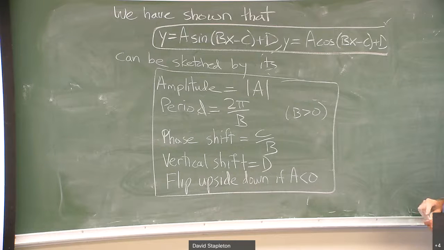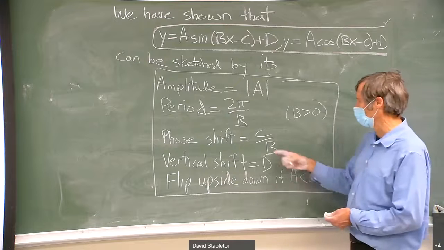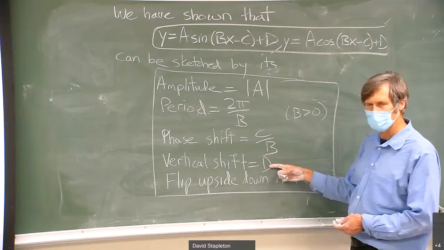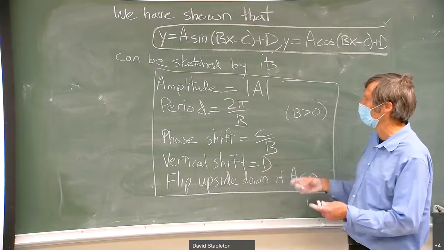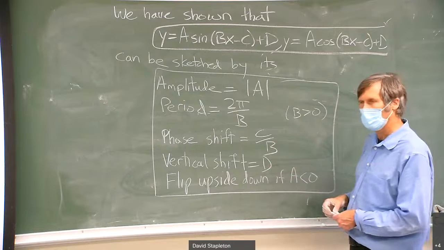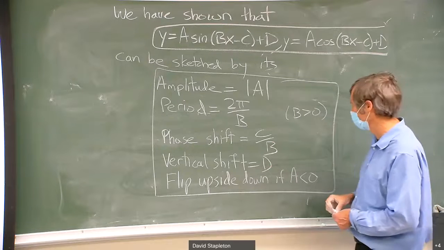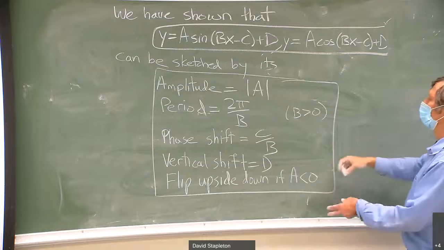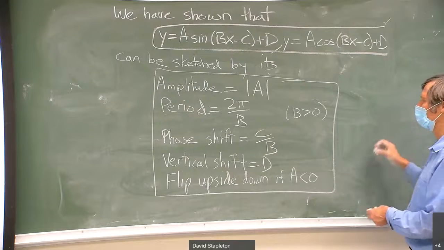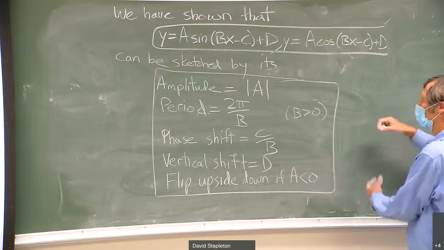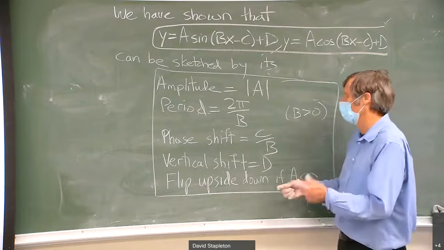Okay. Here's what I recommend to do first. I've never seen a book do this real well for me. Even when I was trying to teach this stuff, trying to follow the book sometimes is a little awkward. Because here's what happens. There's actually only one point that shifts by the phase shift and vertical shift. What point is that when you shift the graph? Only the origin, actually, right? Because what you're doing when you take any graph and you do these shifts and stretches is the origin shifts by that amount, and then you stretch it horizontally and vertically, and every other point then moves again except the origin, right?